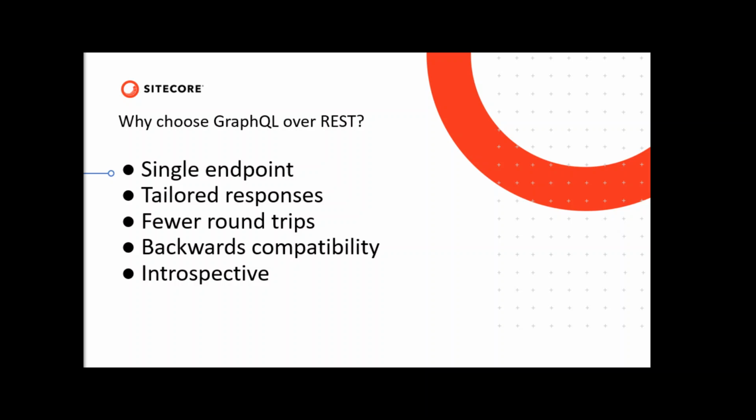Okay. So in summary, it's not a summary, but in comparison between GraphQL and REST, we basically understand that for GraphQL, you just need a single endpoint for almost everything. Okay, and then tailored responses, it's like a predictable response for the front end team.